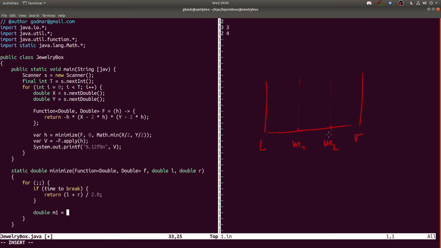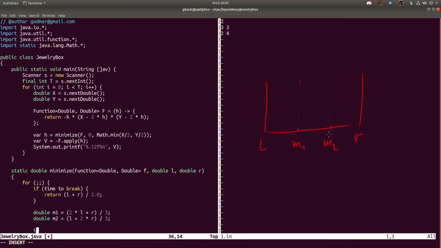Okay, so in this case it would be the weighted average of left plus right, and the way I usually write this is by factoring out the 1/3. Okay, like this. And then the one on the right would be similarly the weighted average in this direction.